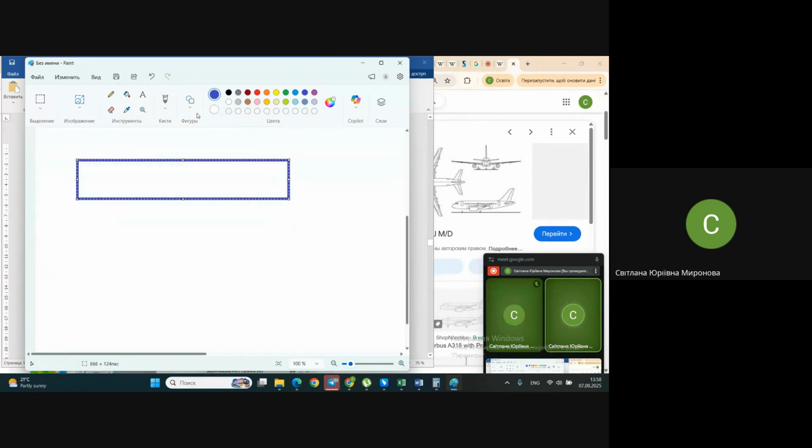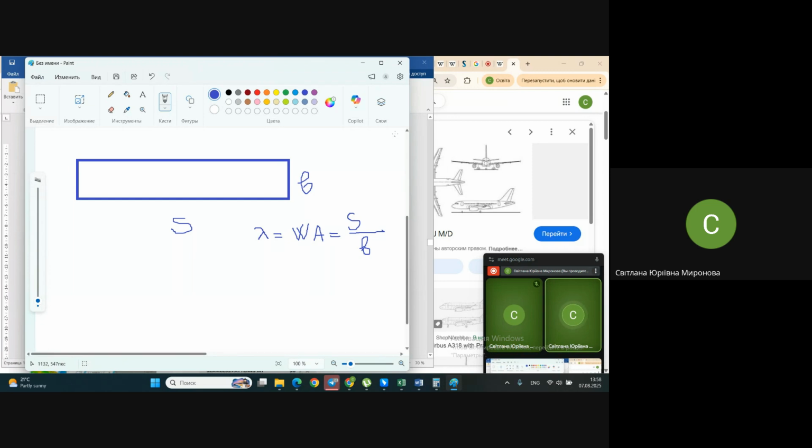We have span. We have chord. And in English it's called wing aspect ratio and designated like this. In our books you might find it with the name lambda, a Greek letter, and it's the span to the chord.